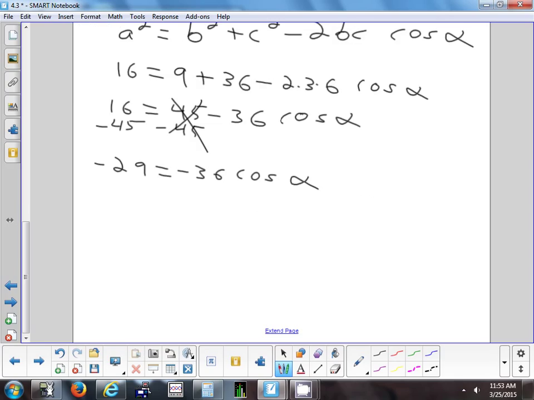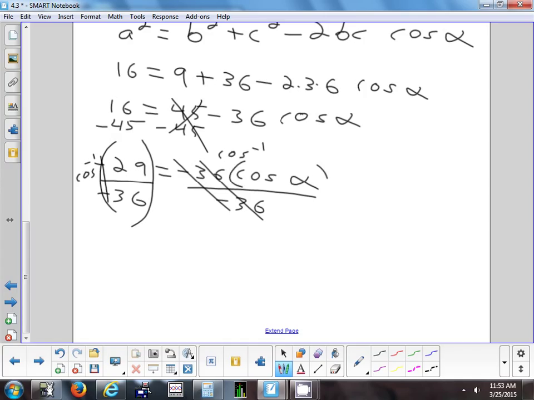Let's see if we do both in the same step. Okay. What's the first thing I do to get alpha by itself? Divide negative 36 on both sides. Divide by negative 36. That's also going to cancel. And what's my last step? Inverse cosine. So let's just write it in. If you want to cancel the 36, then rewrite it, then cancel the cosine, then rewrite it again, you could do it that way.